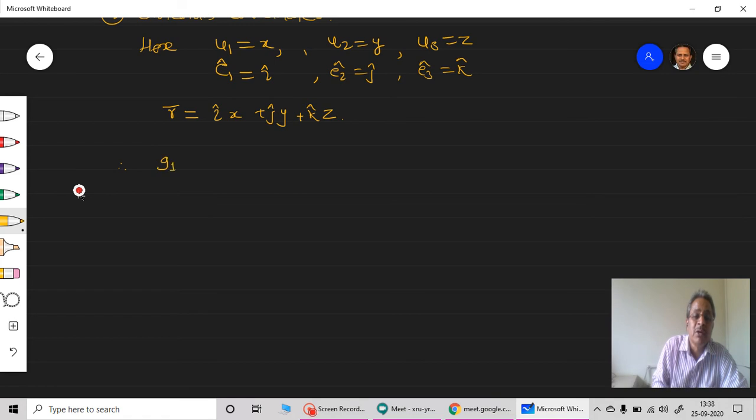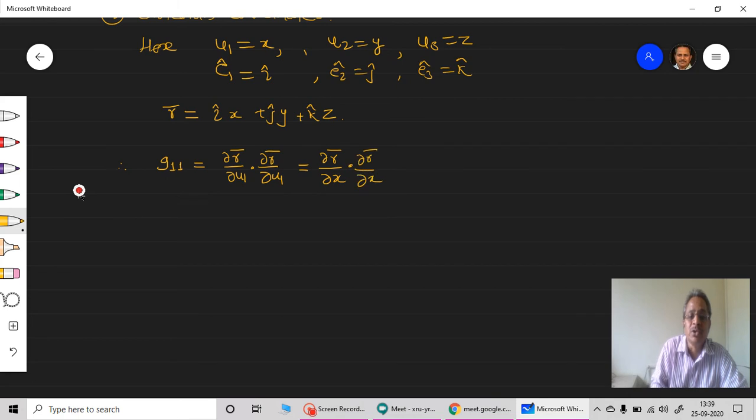Now let's calculate first the metric coefficient G11. As per our derivation or definition, this is given by del r bar upon del u1 dot del r bar upon del u1. So in this simple calculation, we get the differential of r bar with respect to x. So that is what I am going to get: del r bar upon del x dot del r bar upon del x.